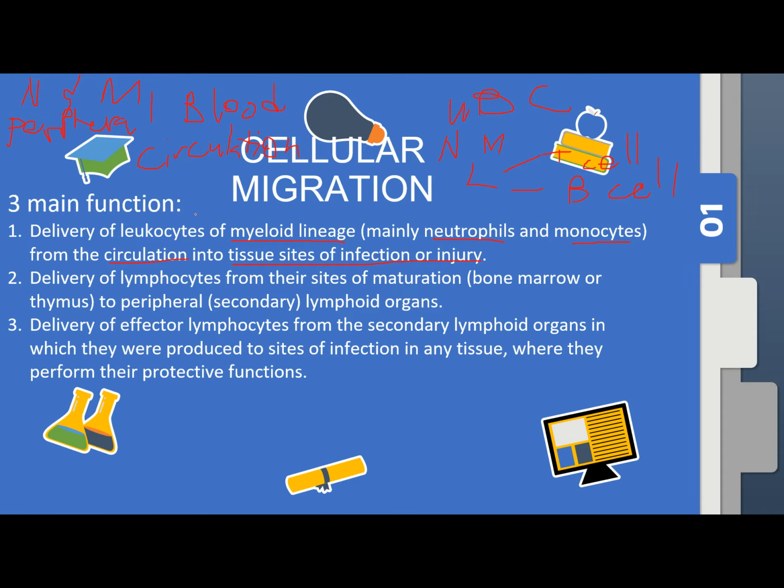Now, one of the functions here is that from the circulation, whenever there would be an infection or injury, they would travel from the circulation to specific tissue sites of infection or injury. So we're going to tackle how that is done for this module.